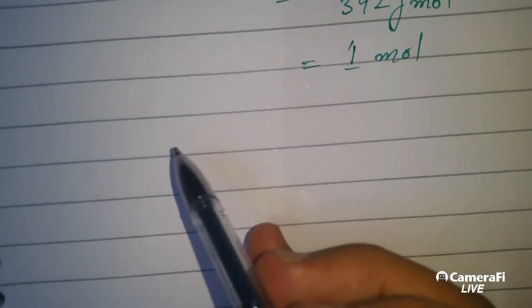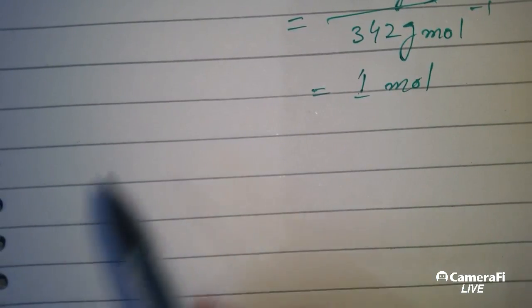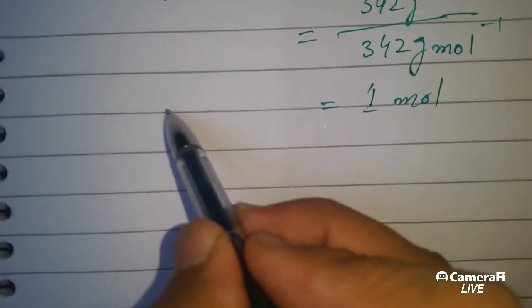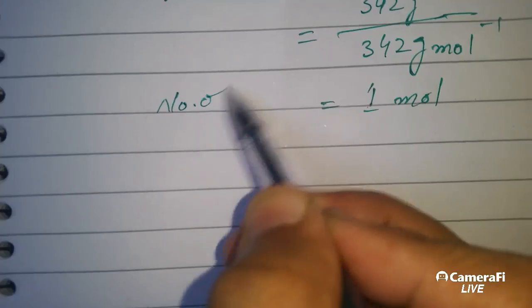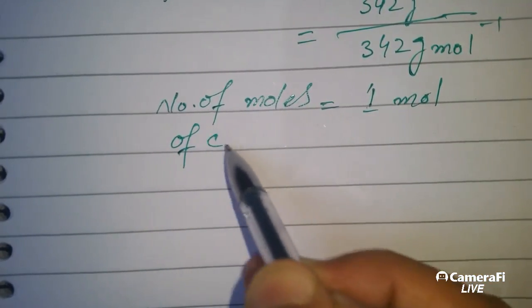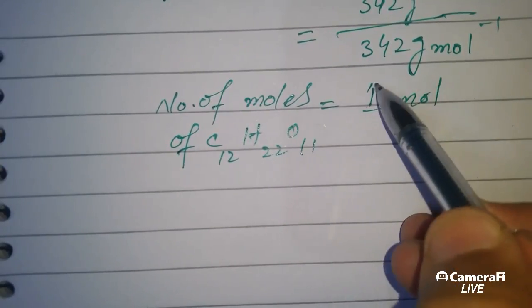Now we can find the number of moles of solvent as well, that is water. So number of moles of C12H22O11 is this one.